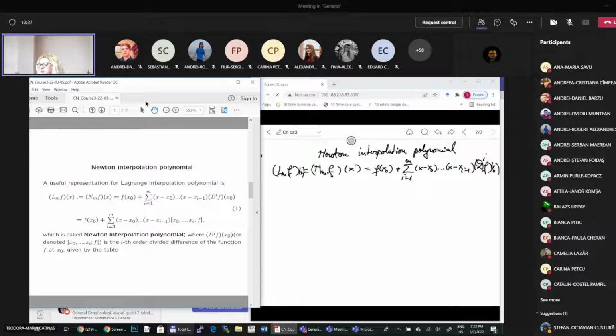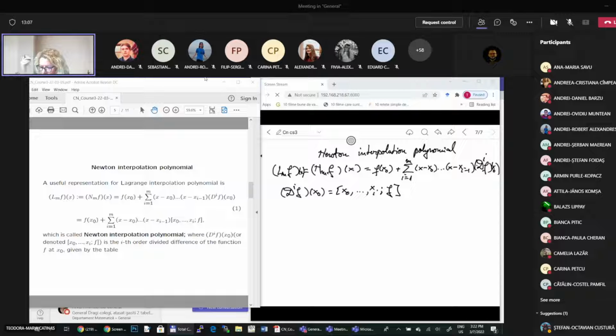So this is the form of the polynomial using divided differences. This D_i f at x0 denotes the divided difference of order i at the point x0. This divided difference can also be denoted with square brackets, showing the points x0 till xi for the function f.